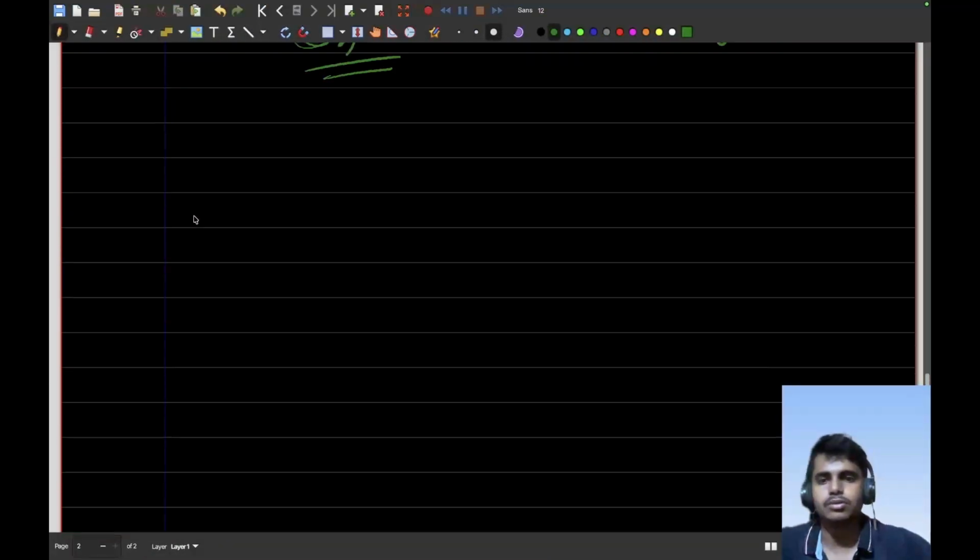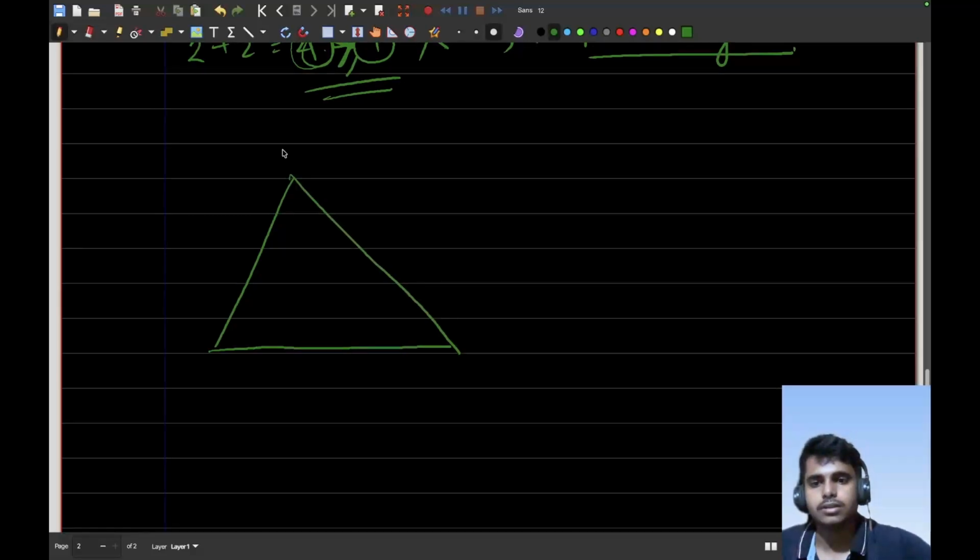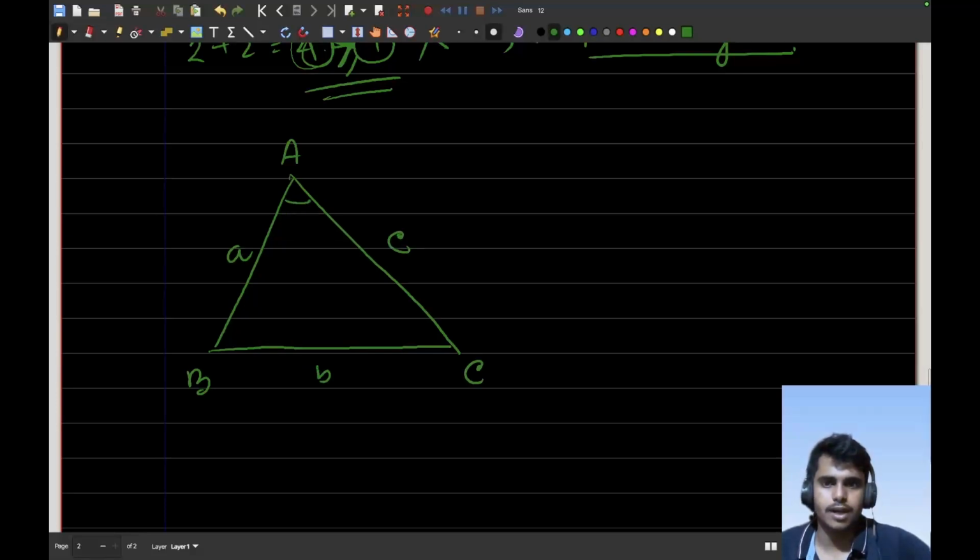Suppose this is a general triangle ABC, not a right angle triangle, and this is angle A, this is angle B, this is angle C. So how to get the angle A and angle B and angle C?